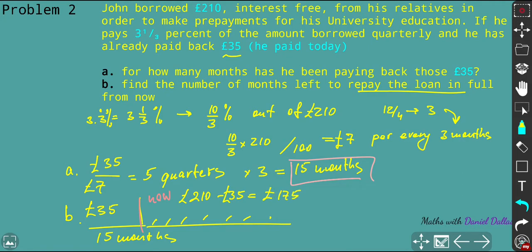So we know that every quarter, or every 3 months, he needs to pay 7 pounds. Now we can simply divide the residual amount left to repay over 7 per 3 months. So we divide by 7, and it's going to be 25 quarters.